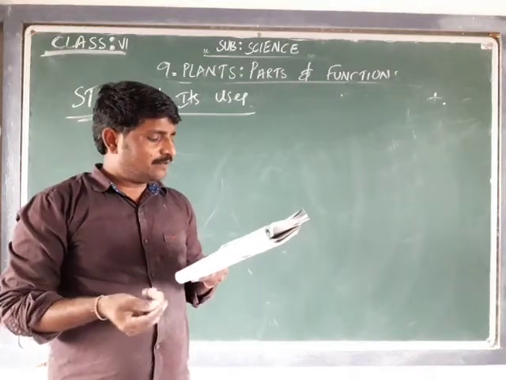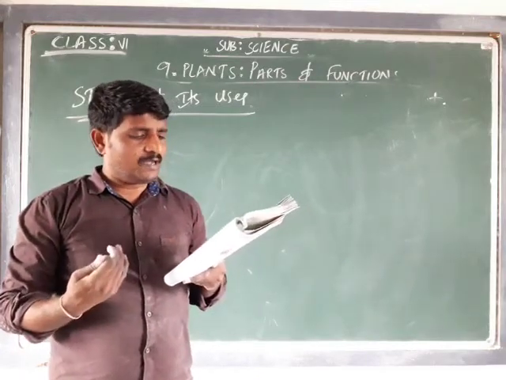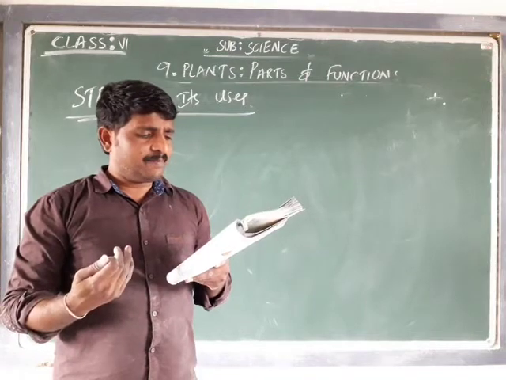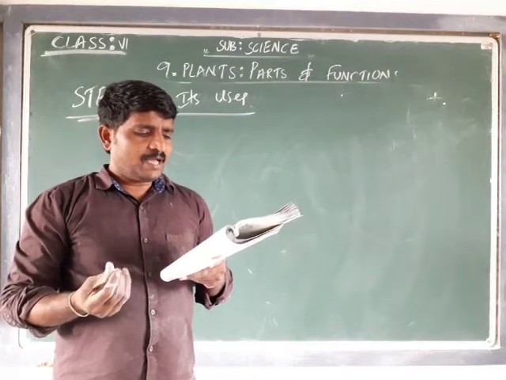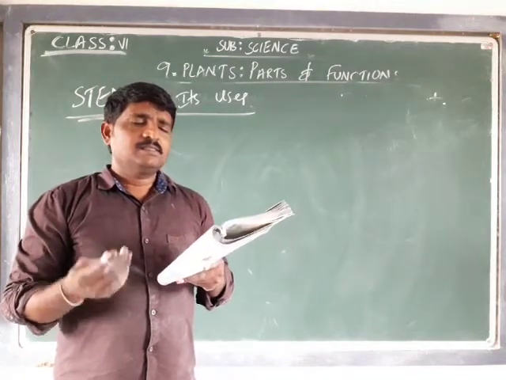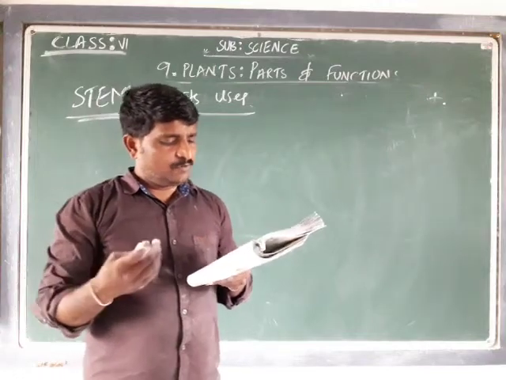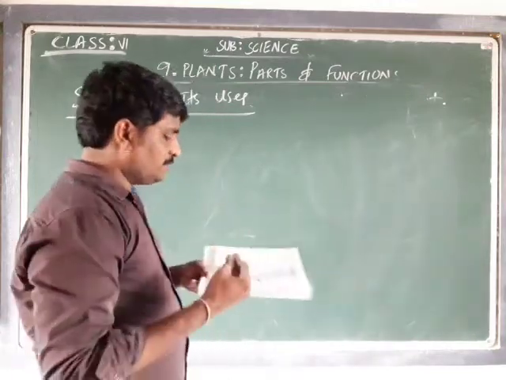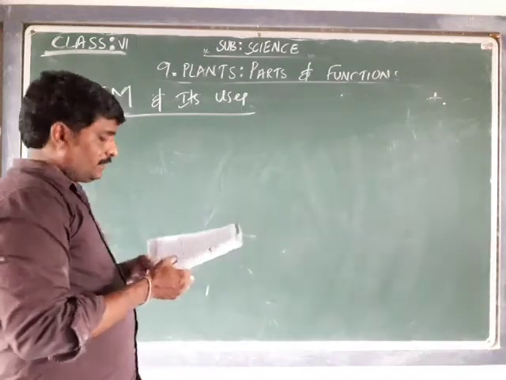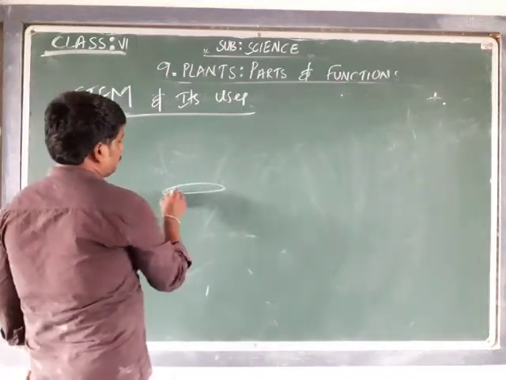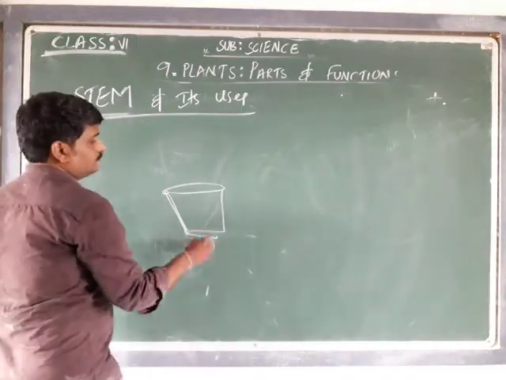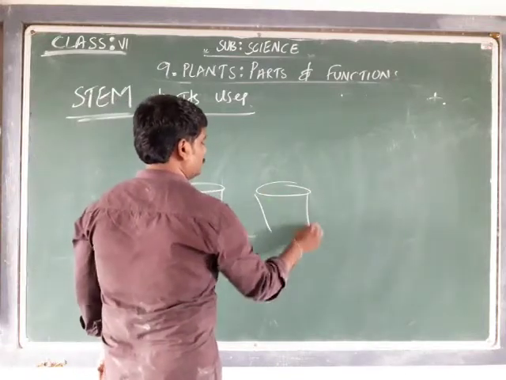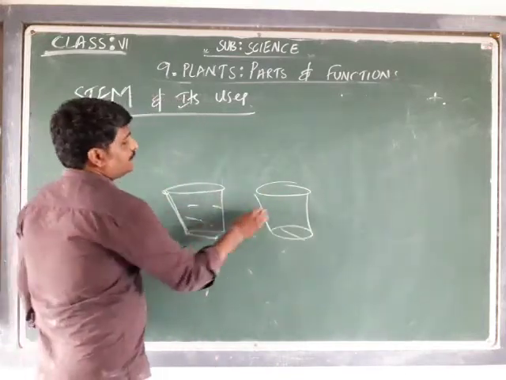To do this, we have to conduct an activity. Take two small cuttings from a soft stemmed plant. Set them up like we did in activity 2. Wait for 2 or 3 hours and record your observations. Again we have to take two glasses filled with water as in activity 2.